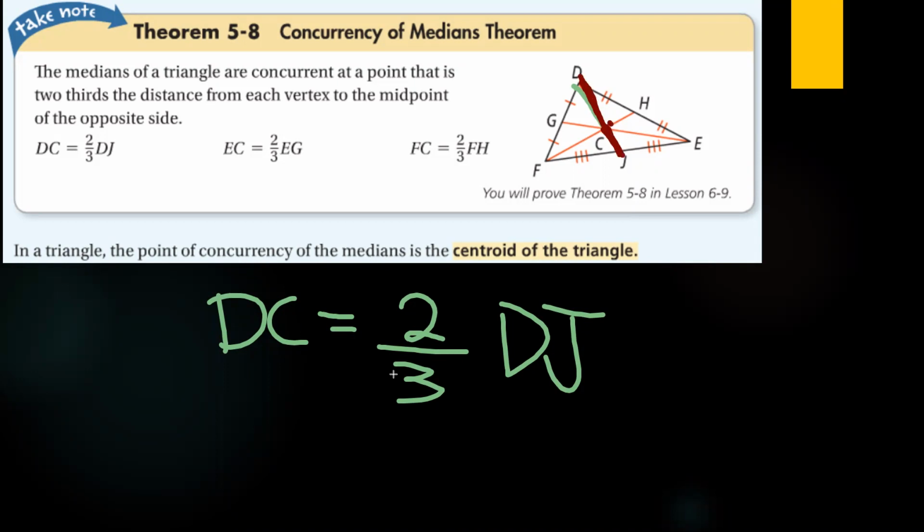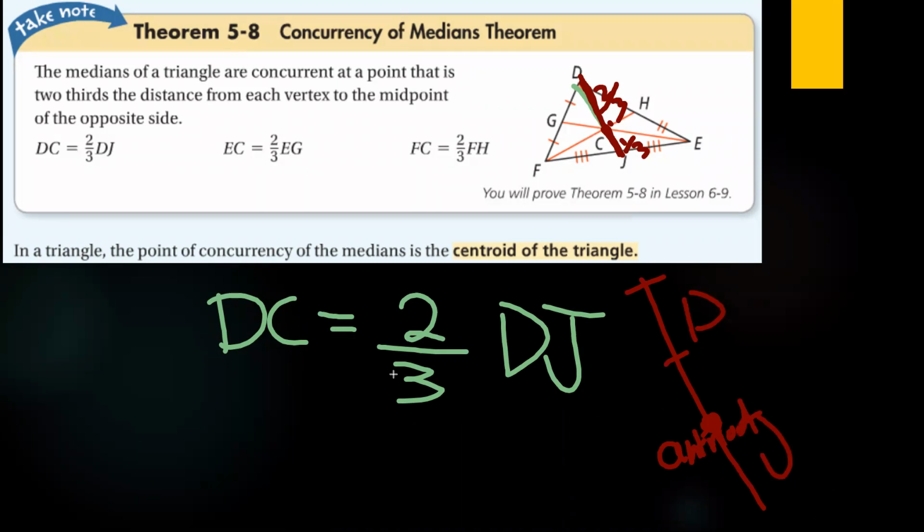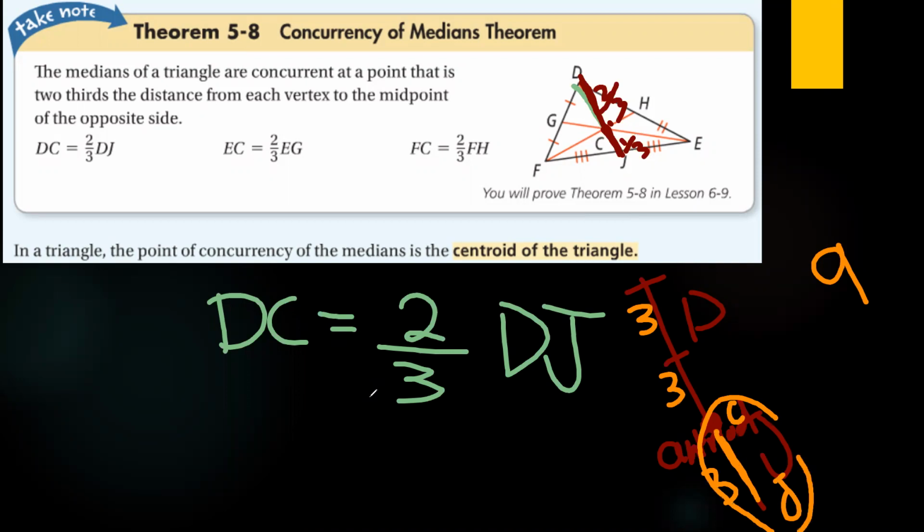They proved that if this part is a third, this will be 2/3. You cut DJ into 3 parts, and at this point we have the centroid. So if the length of DJ is 9, the parts will be 3, 3, and 3. The length of CJ will be 3, and the length of DC will be 6.